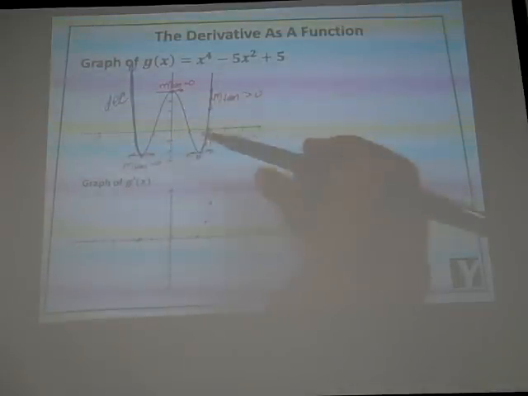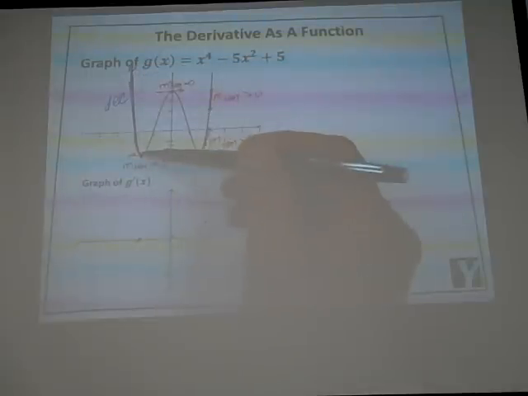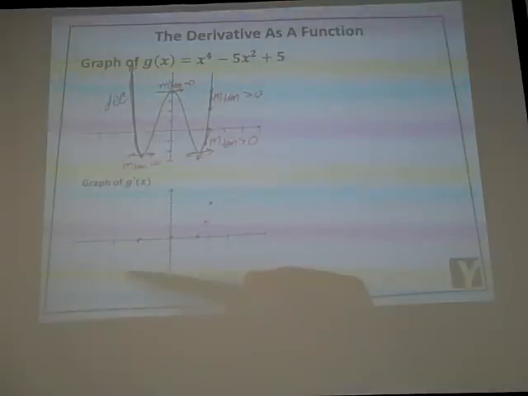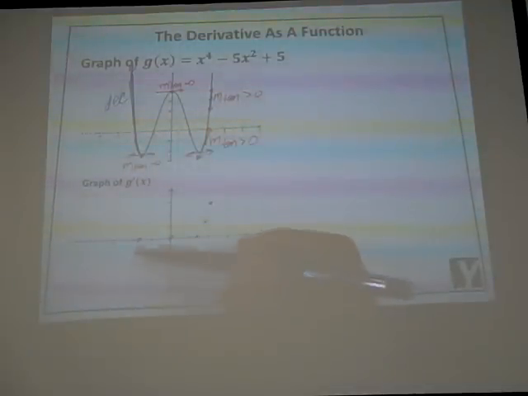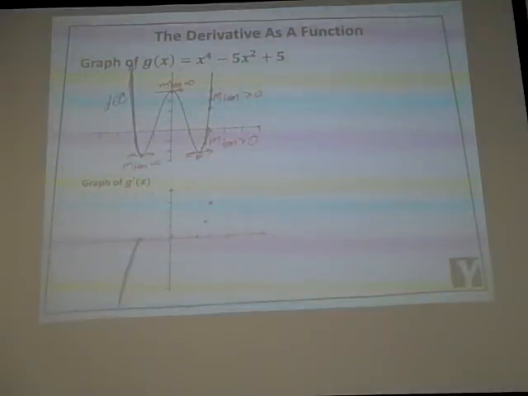So let me do that one more time. When the function is decreasing, the derivative will be negative. The derivative is going to be below the x-axis. The function is decreasing until I reach this relative minimum. That means the derivative is going to be negative until I reach the root of the derivative. And I expect my function to look something like that.